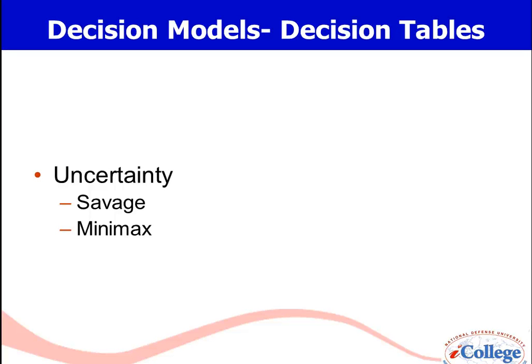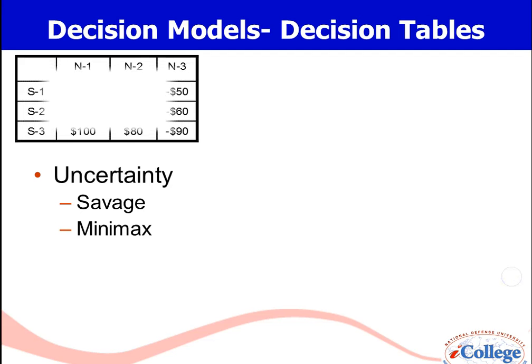Savage, on the other hand, defined a strategy, mini-max, that minimizes the manager's regret. That is, it selects the strategy that reduces the criticism of if only you'd selected another strategy. Here the calculation is a bit more complicated. We're going to develop what's known as a regret table.